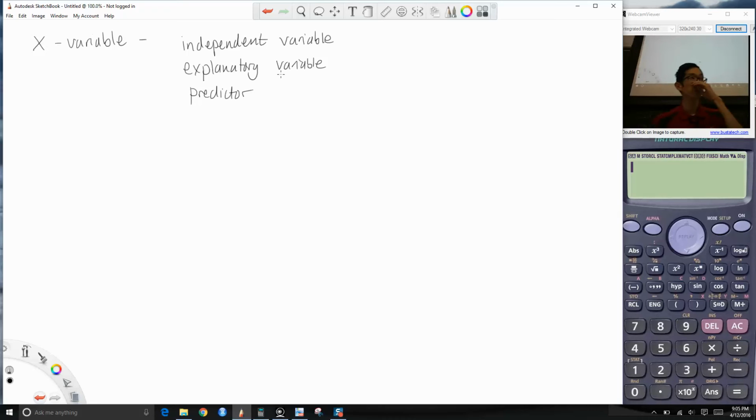Basically all this is saying is that in our linear regression, we are using the x to make a prediction. Okay, we're not trying to predict x, we are using x to make the prediction.